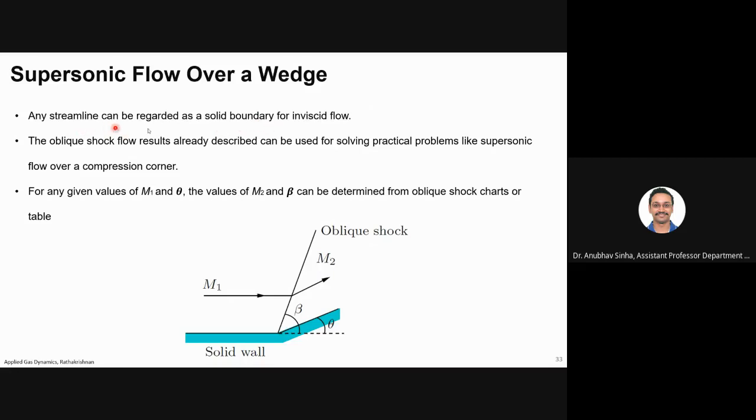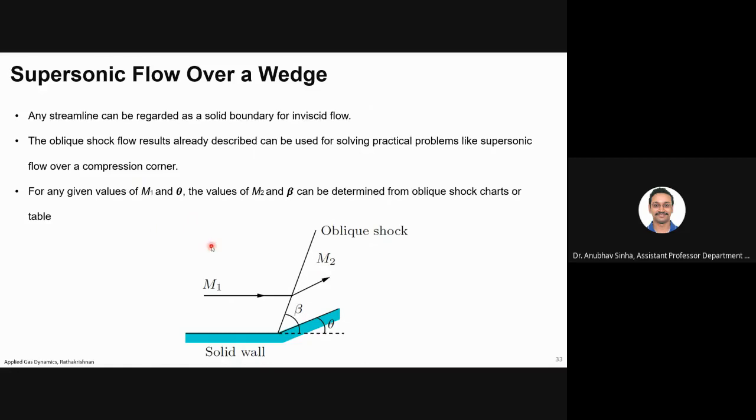For an inviscid flow, where viscosity is 0, any streamline can be regarded as a solid boundary. So we have already discussed how to use oblique shock relations for flow over a compression corner.